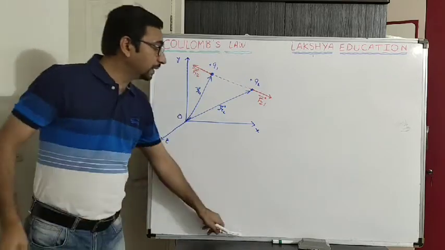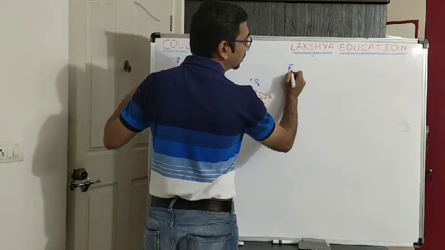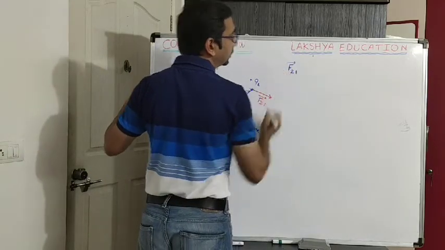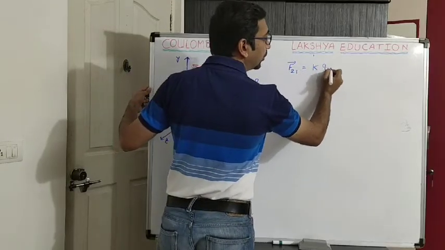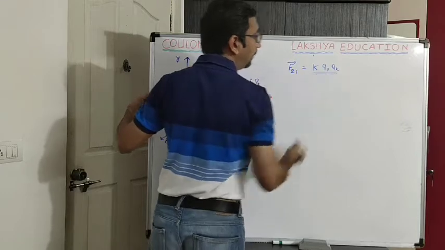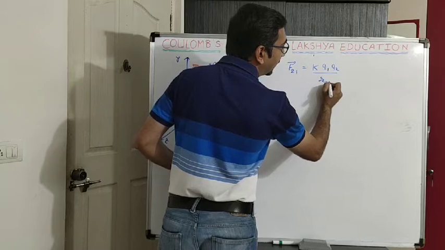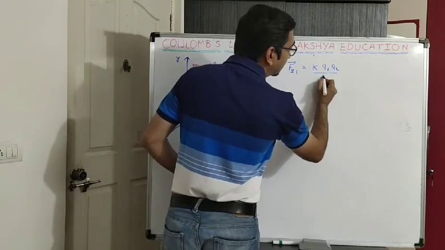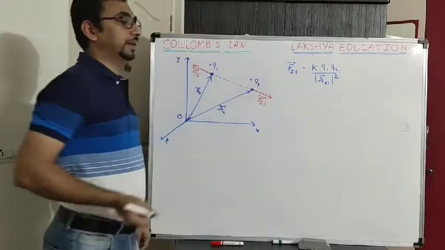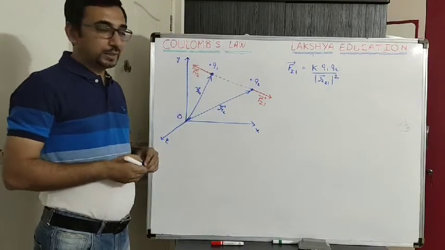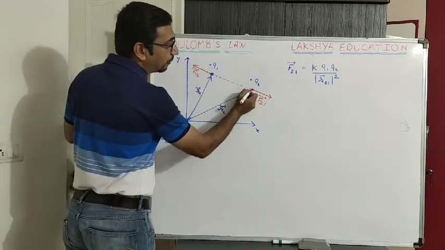So if we mathematically represent this force, suppose we want to find the force acting on the second charge by the first charge. This is equal to K q1 q2 upon the distance between these two charges, that we write as r21, in the form of magnitude and square. Here r21 is the position vector of the second charge from the first charge.